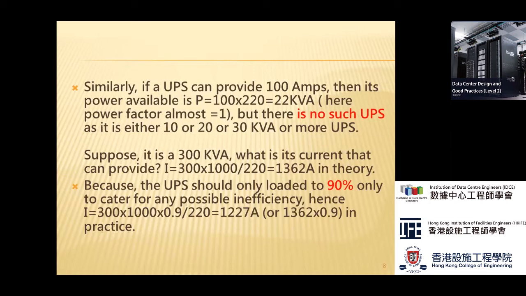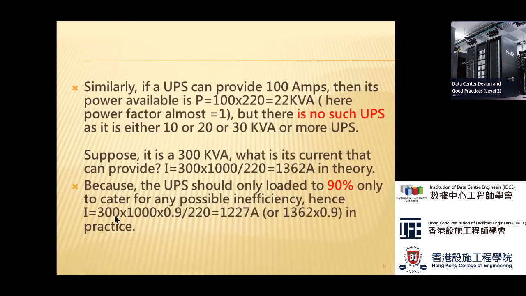Now, usually the UPS also has a power factor, as I mentioned. The ratio of the active or true power, based on the incoming power of 100, you only get 90% there. So in a single phase, if you have a UPS which can provide 300 kVA, what's the current available for that UPS?